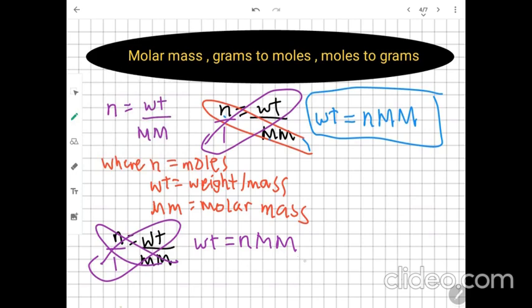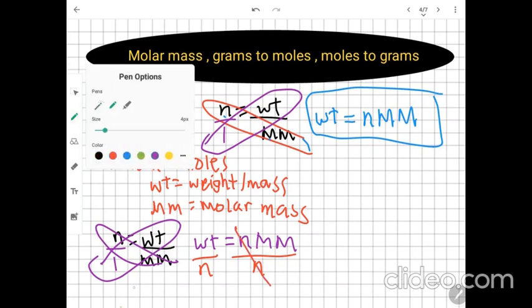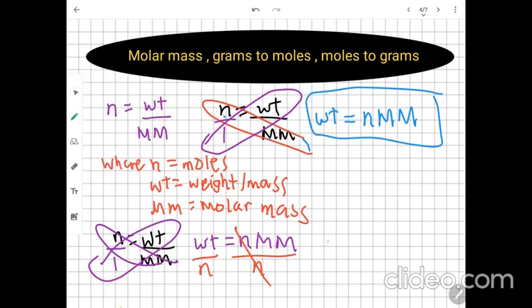Our target here is the molar mass, or your mm. Ang katabi niya is the n, so let's divide both sides by n. Tingnan mo kung anong katabi ng hinahanap mo, and ipan-divide mo both sides para ma-cancel yung hindi mo kailangan. Dahil pareho silang n, maka-cancel yung n na yan, maiiwan ka ng mm is equal to. Ang weight and n ay hindi naman parehas, hindi sila maka-cancel, so stay lang sila. mm is equal to weight over n.